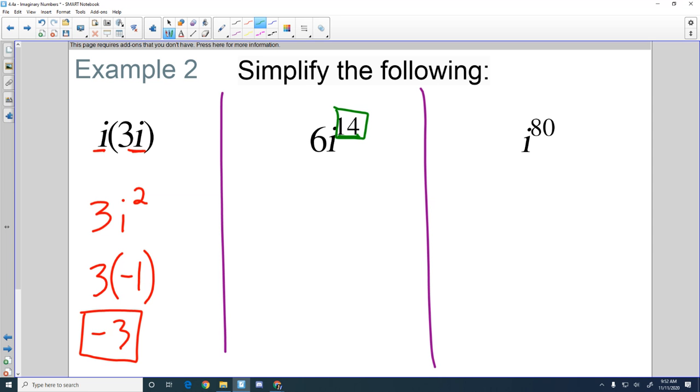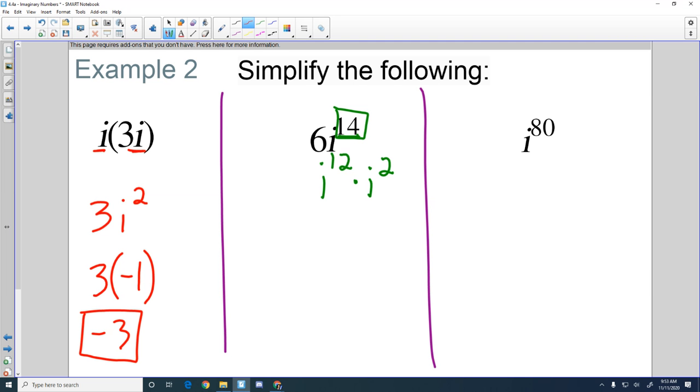They go away. And so my thought process here is to look at that 14, and figure out what's the biggest number less than 14 that's also a multiple of 4, because every multiple of 4 we can just ignore. So I rewrite this I to the 14th as I to the 12th times I to the 2nd. Now, why did I pick 12?